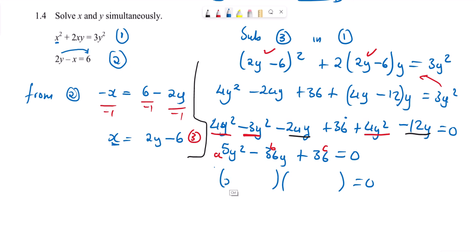So 5y subtract 6, these are the factors, y subtract 6. Okay, so I'm used to x, guys. Y is 6, or y is 6 over 5.